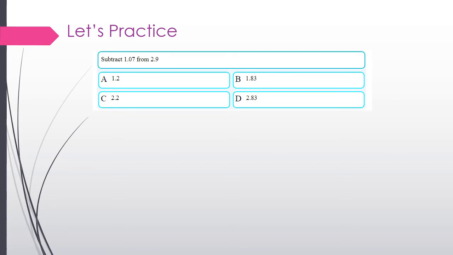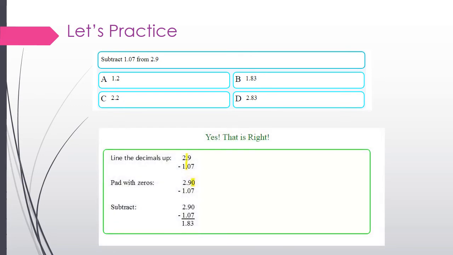Because 2.9 has only one decimal place, but 1.07 has two decimal places, so we will make it 2.90. Now start subtracting from right to left. Let's check our answer. It's 1.83. Excellent. B is the correct answer.